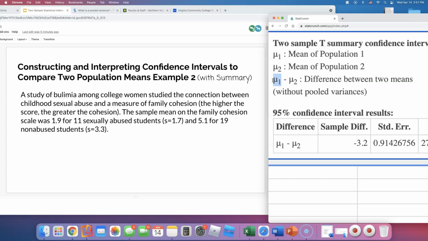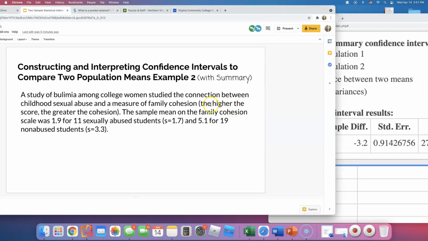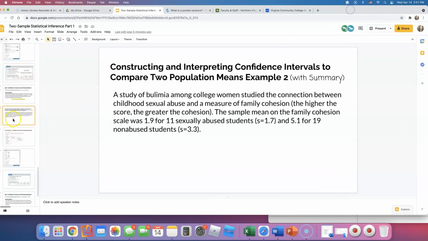So we just proved that sexually abused students have a lower average on this family cohesion score. So they have lower cohesion with their family. This is a messed up example.